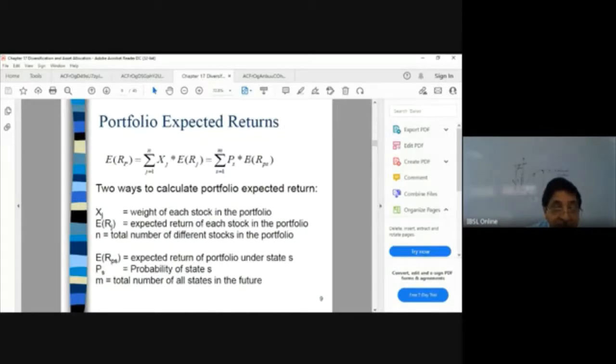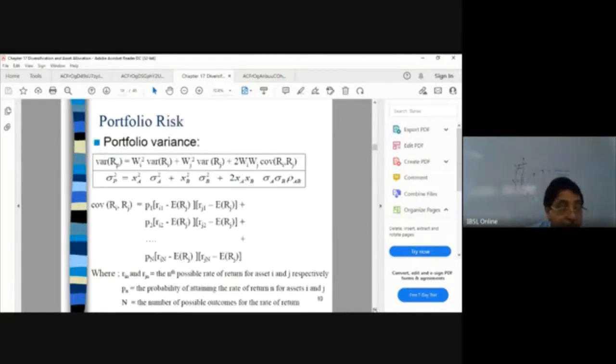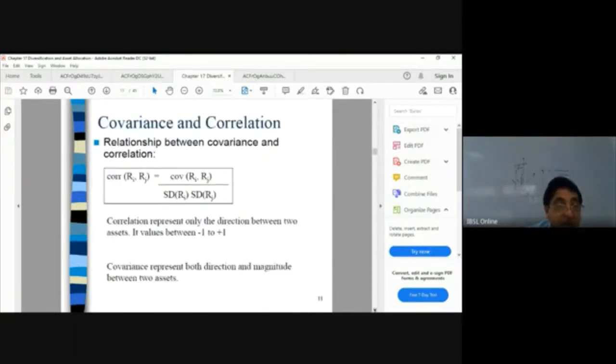It is given in symbols here. This is again explained here, covariance and all. All these things we have discussed. And the correlation coefficients, the relationship between the covariance and the correlation.